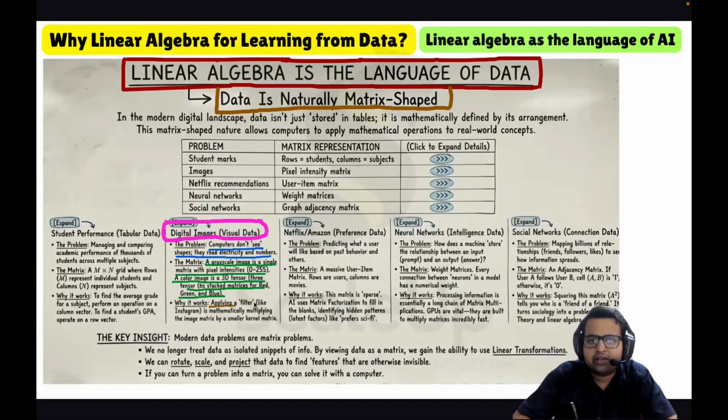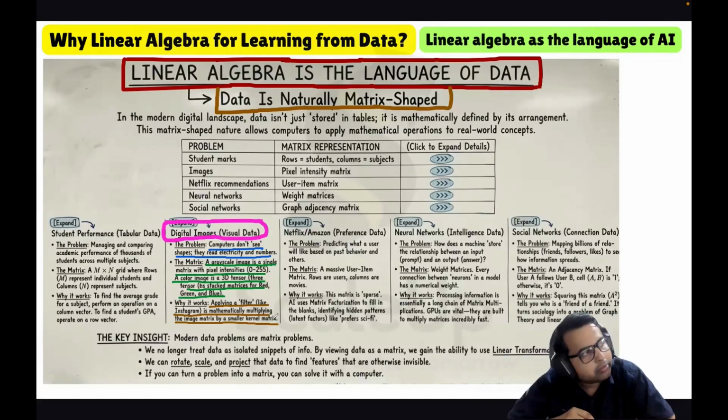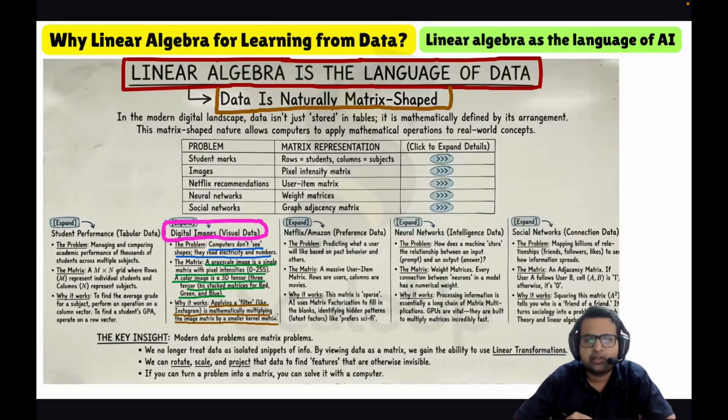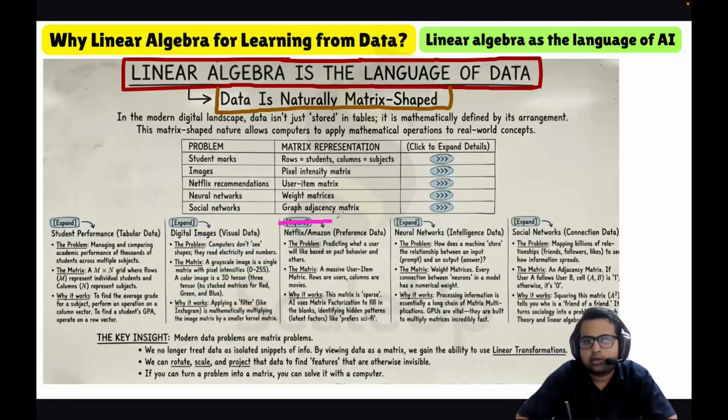Applying a filter like in Instagram or Photoshop is mathematically multiplying the image matrix by a smaller kernel matrix. So with this image matrix, we can perform operations on it. To process the image, we process the matrix.